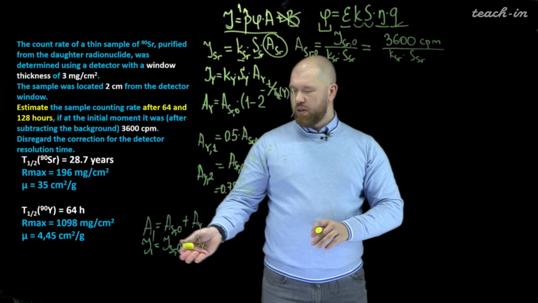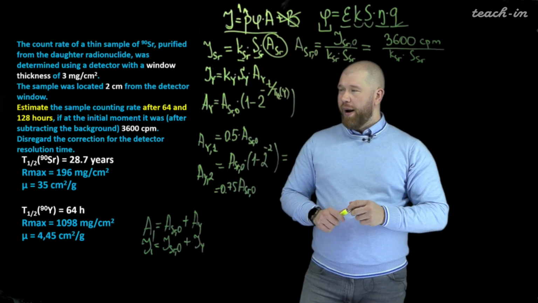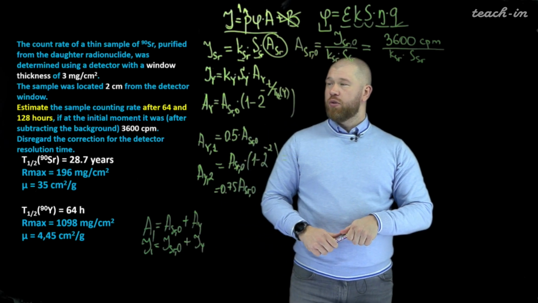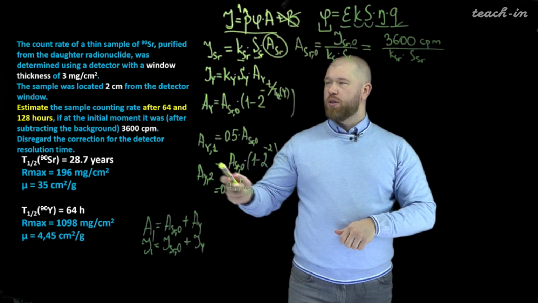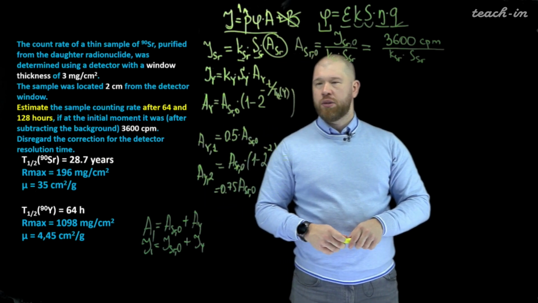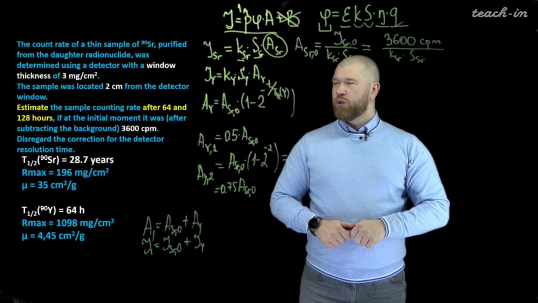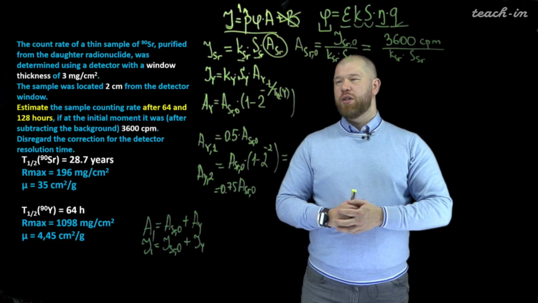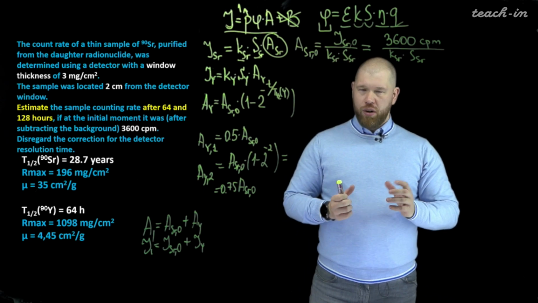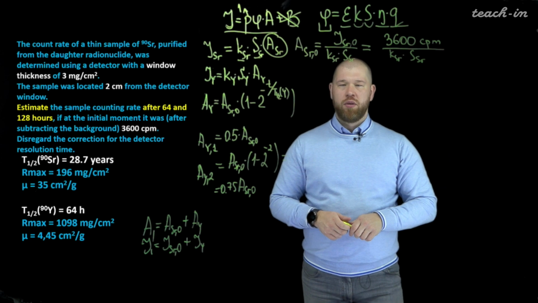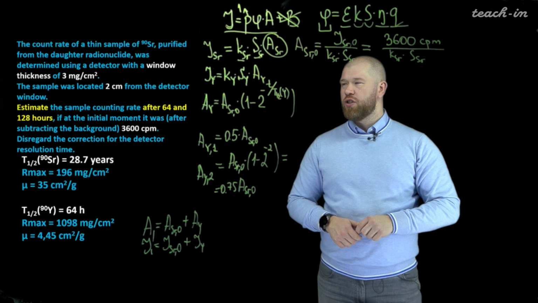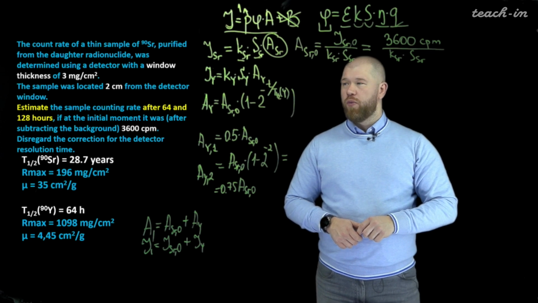The same is for the second case. Why did I write here just the initial activity of strontium? Simply because this time, 64 or even 128 hours, is not enough for strontium to decay to a significant degree. So only a small amount of strontium will disintegrate. Thus, we can neglect the change in the activity of strontium.